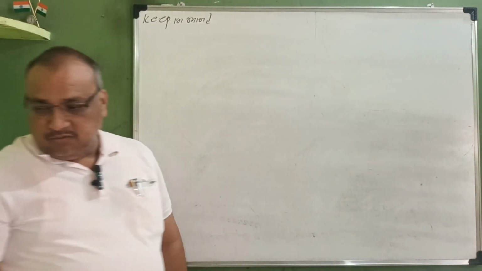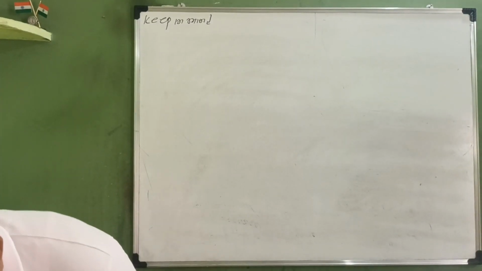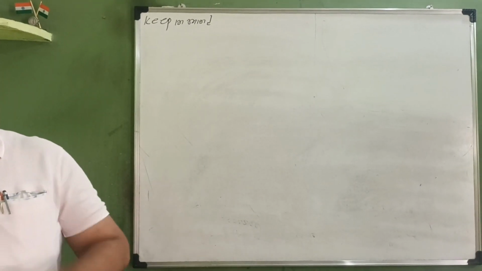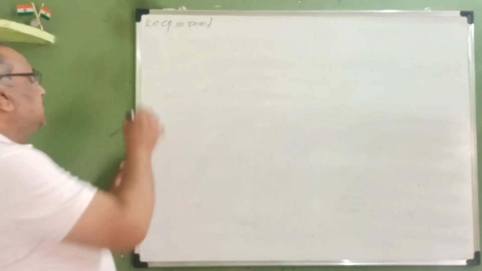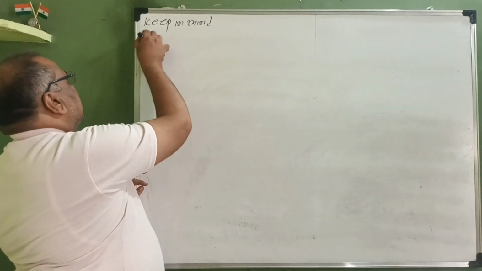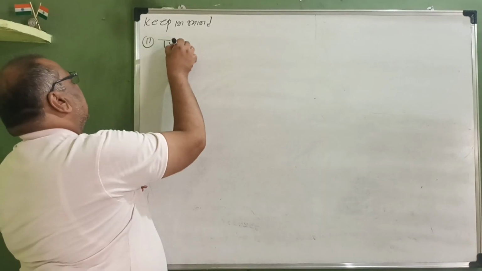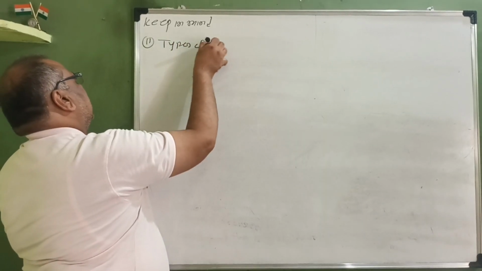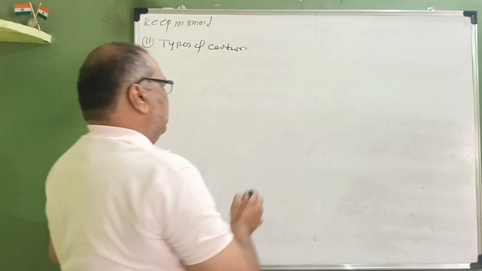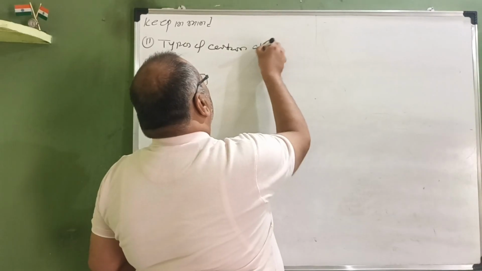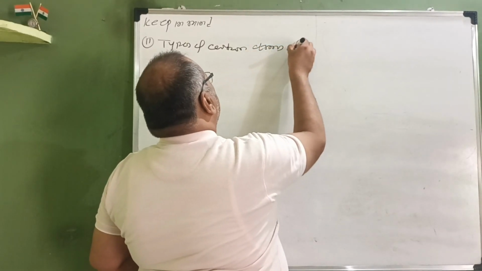Now we write down second, types of carbon atoms in an alkane.